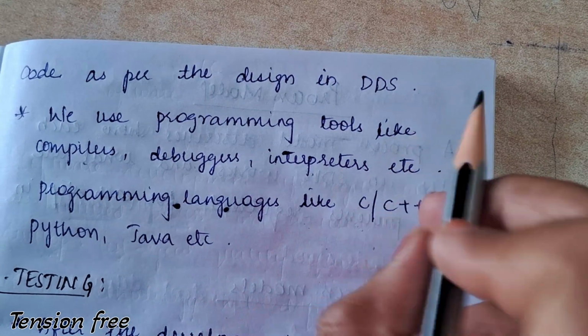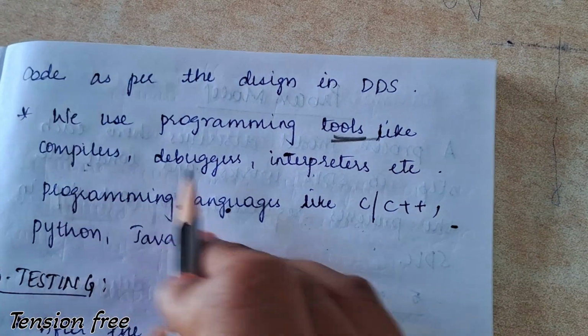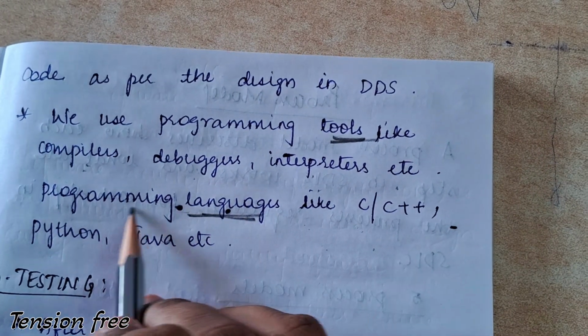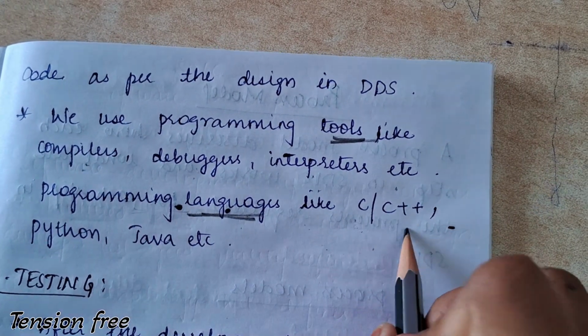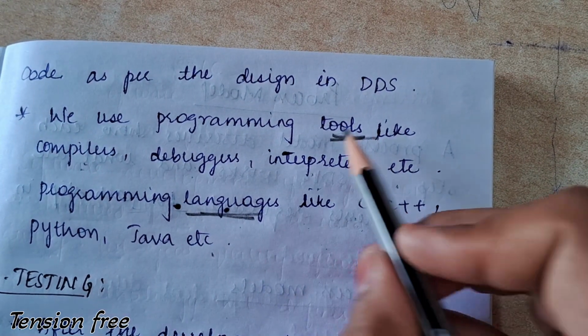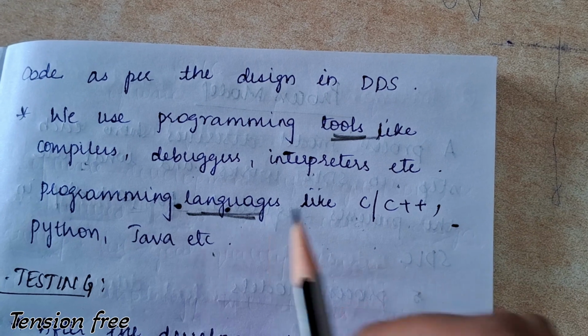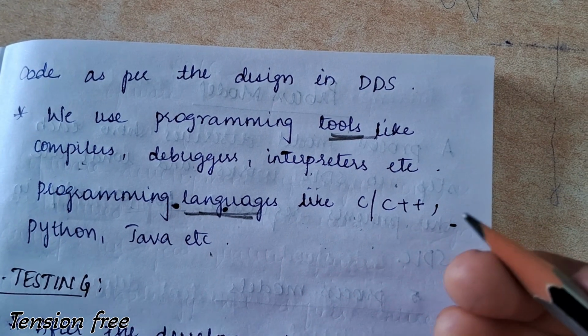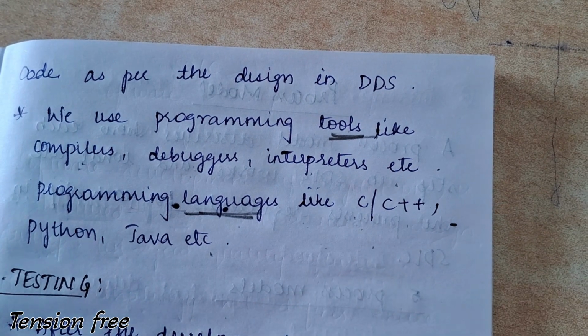The developer is going to use tools like compilers, debuggers, interpreters, etc., and programming languages like C, C++, Python, Java, so that the software will be developed using these tools and languages.